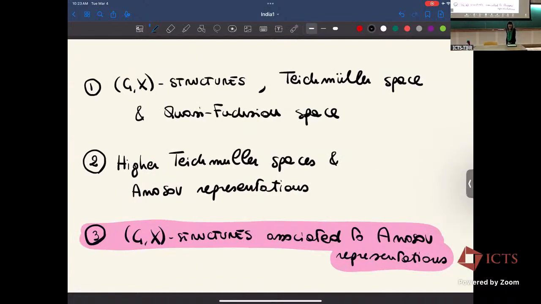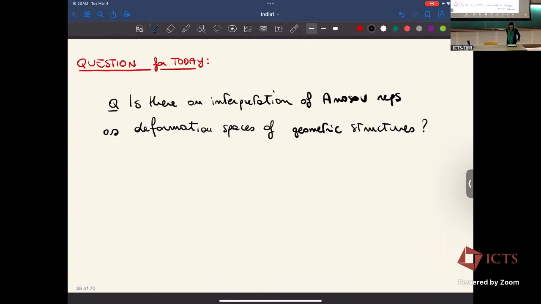Okay, so now we are discussing the associated geometric structure. We defined Anosov representations just from properties of the representation, but are there nice geometric structures associated? And if yes, what can we say about them?